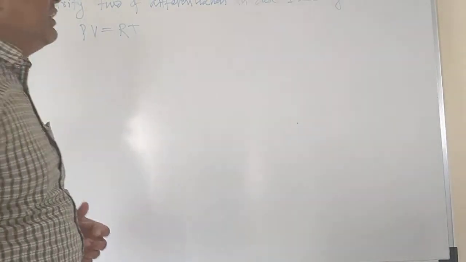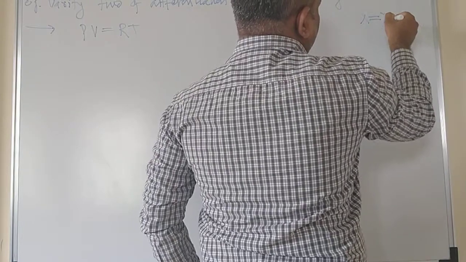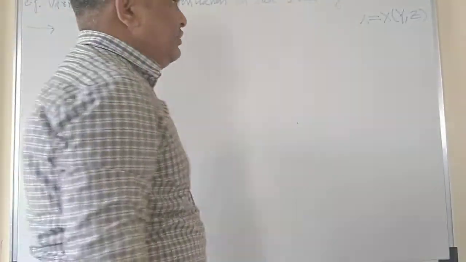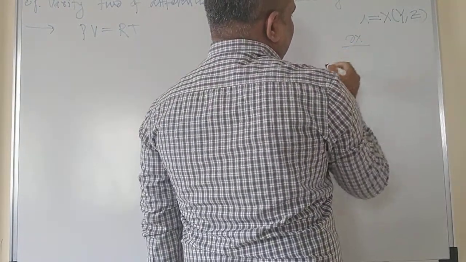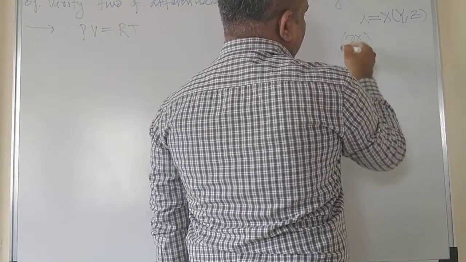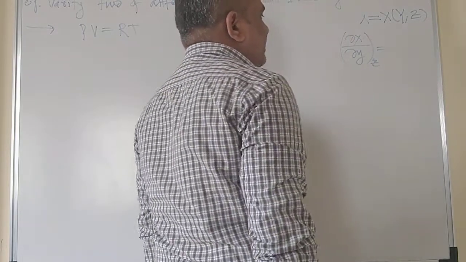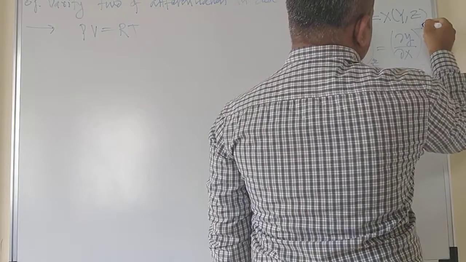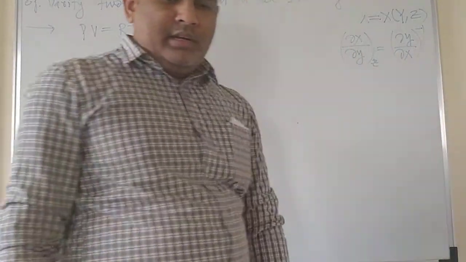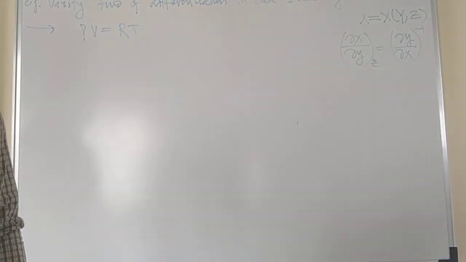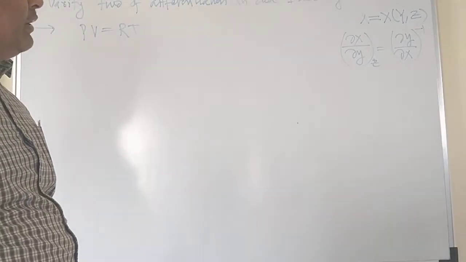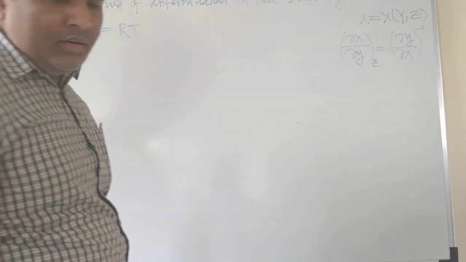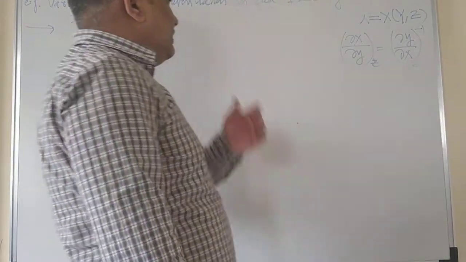Your first theorem is: if x is a function of two independent variables y and z, then the partial differentiation of ∂x/∂y when z is constant is equal to the inverse of ∂y/∂x at constant z. Got it? This is your first theorem.